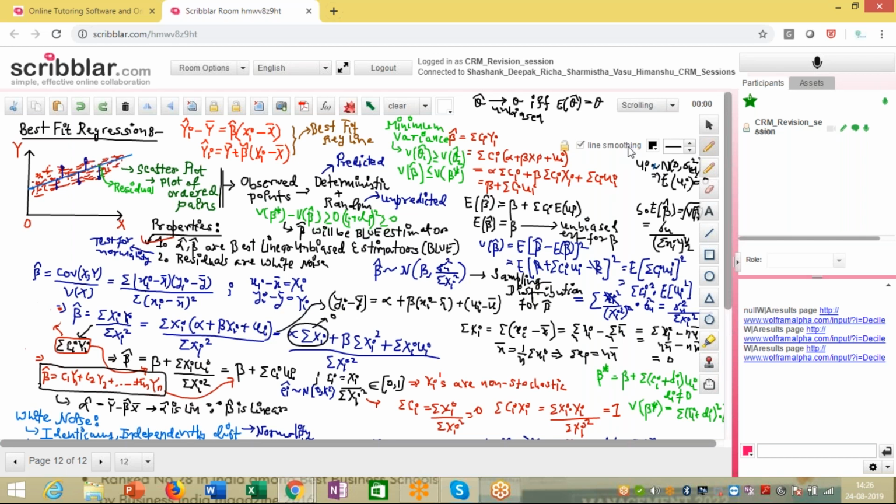When I talk about the classical linear regression model, it's the linear regression model that we are reminded of.